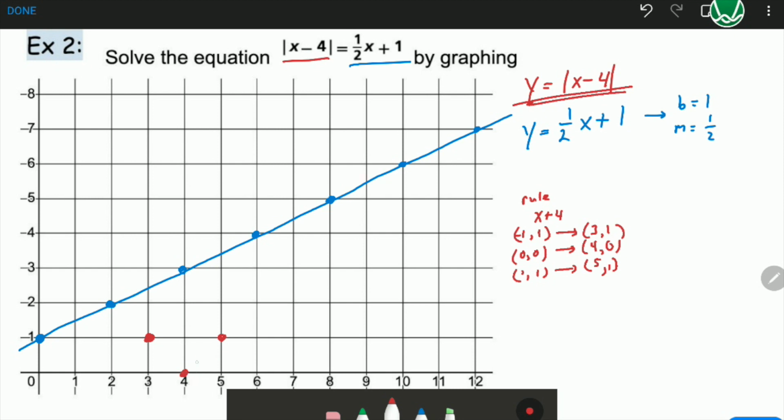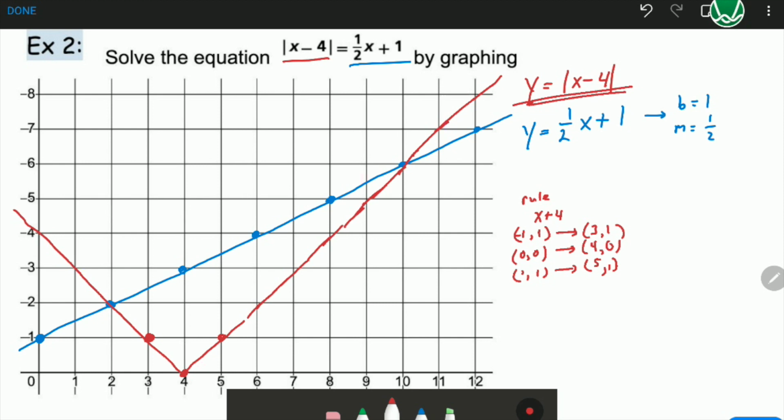It's going to be a V shape. Going through, trying to get the slant of the line as best as I can. And then on the other one, going in the other direction, there we go.